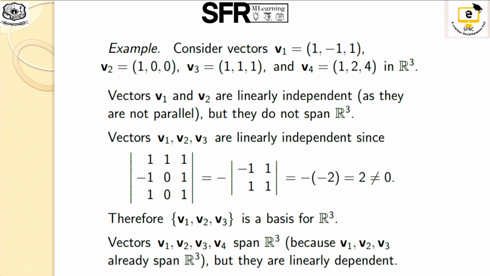If we add the fourth vector v4, then v1, v2, etc., v4 become a linearly dependent set, but they still span the whole R cube. Therefore, since n is equal to 3, the vectors v1, v2, v3 become a basis for R cube.